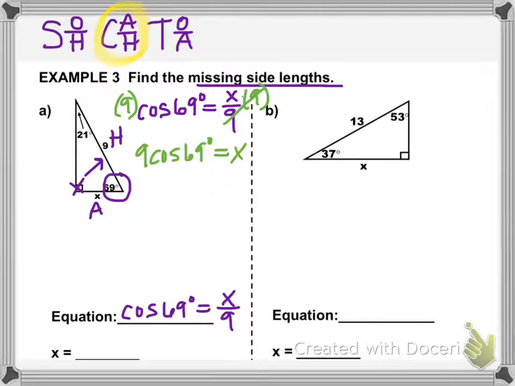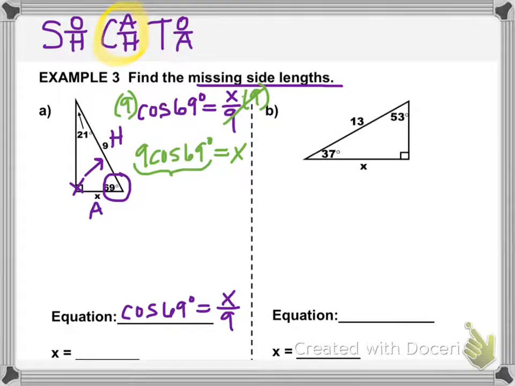So all we have to do is type this into the calculator part of your calculator. Now the cool thing with trig functions is we don't have to worry about any of these radicals. All of our numbers are going to be decimals. So you just type in 9. The way you get to the trig functions is right next to the 7. There's a trig button.